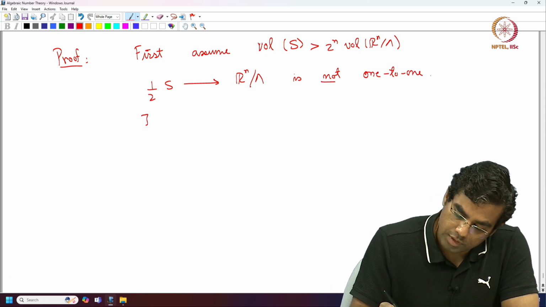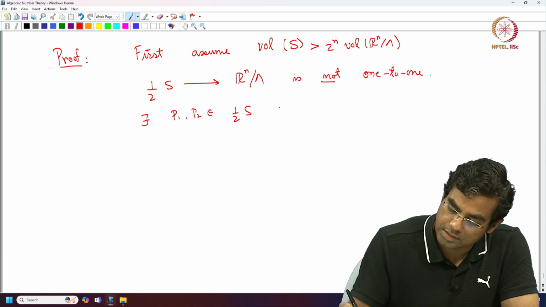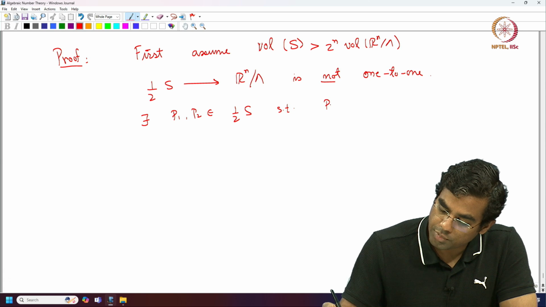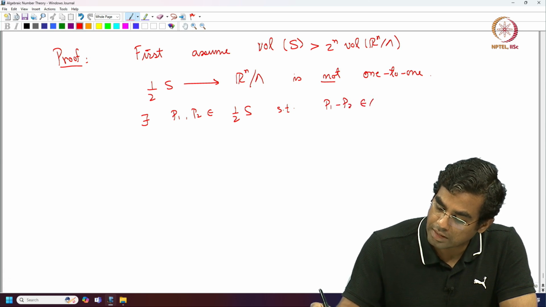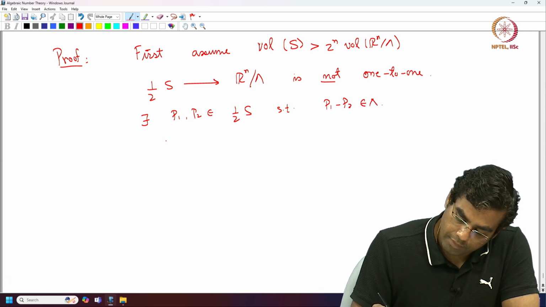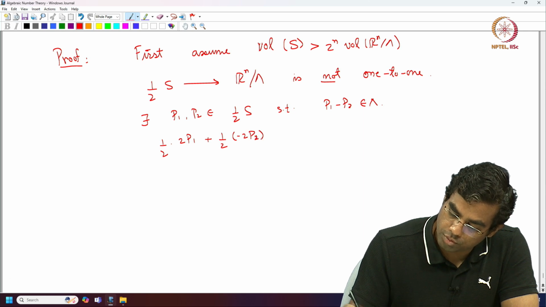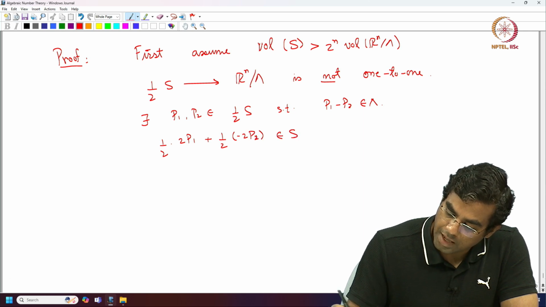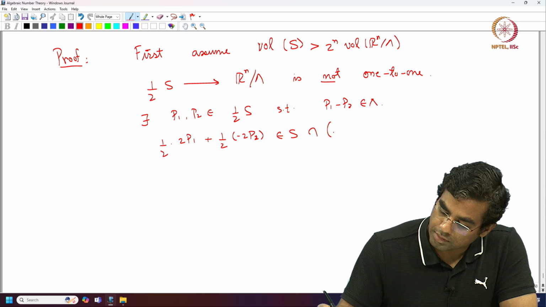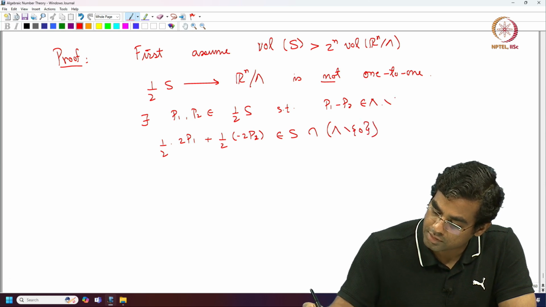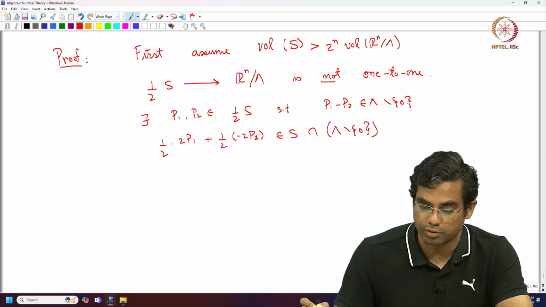Okay. So, there exist P1 and P2 in half of S such that P1 minus P2 is in lambda. Therefore, we have half times 2 P1 plus half times minus 2 P2 is in S intersected with lambda minus 0. Okay. So, this is actually not 0 because P1 is not equal to P2.